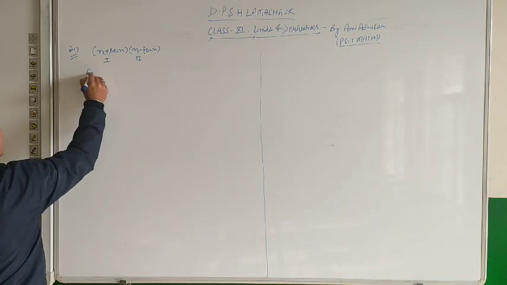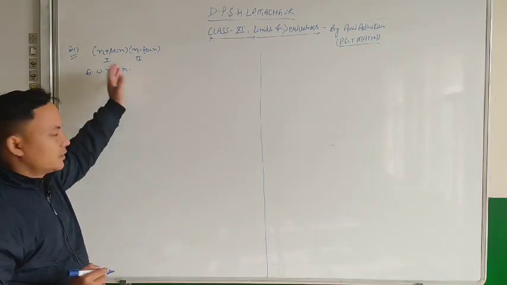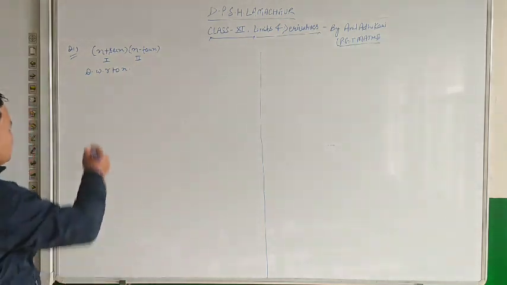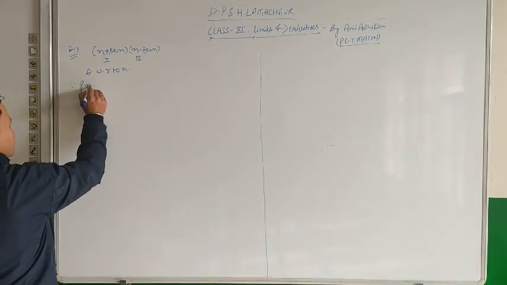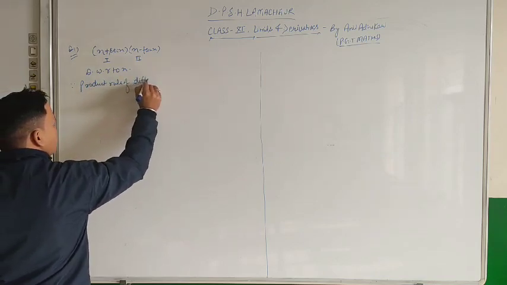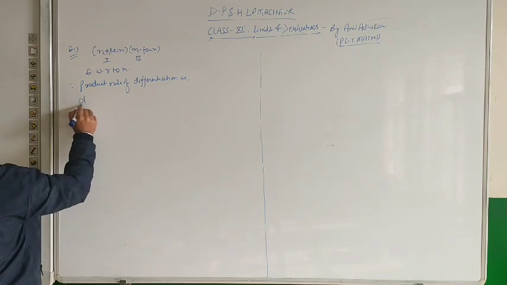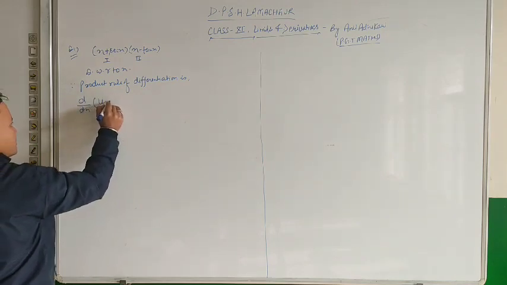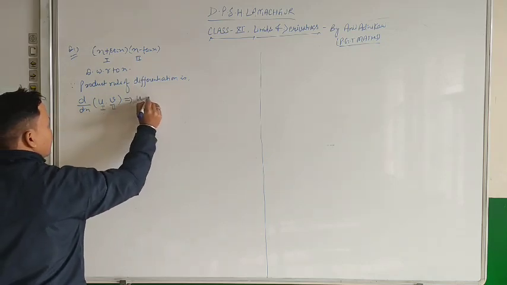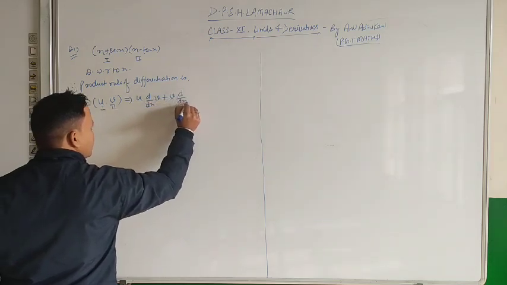Now differentiate with respect to x. It means we have to differentiate both functions with respect to x, taking the first and the second function and using the product rule. We know that the product rule of differentiation is d by dx of u times v, where u is the first and v is the second function: first function times derivative of second plus second function times derivative of first.